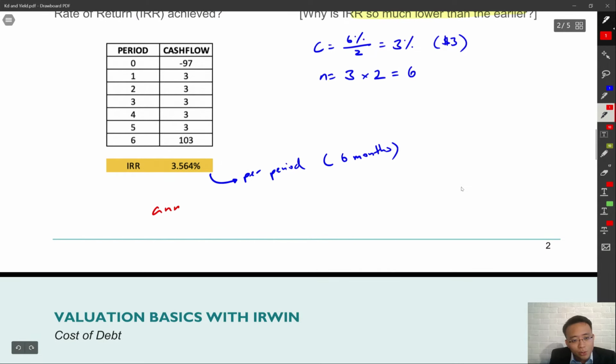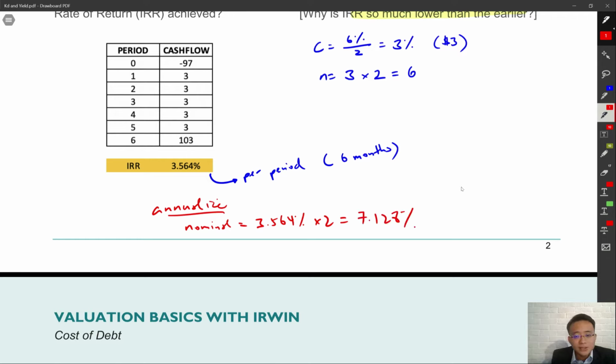If I wish to analyze it, there are 2 ways to do it. I could do it the nominal method. The nominal way of analyzing something is just take 3.564% times 2. And if I times 2, I will get, give me a second, I must use my calculator, 7.128%. This would be annualized. From 6 months, you multiply by 2, you get it annual.